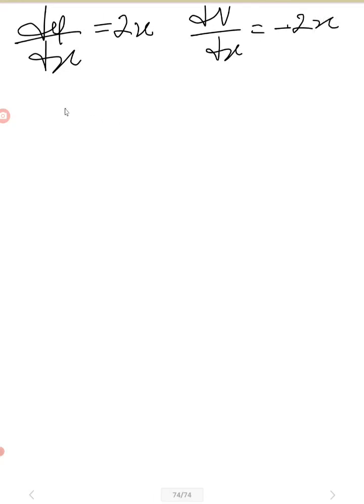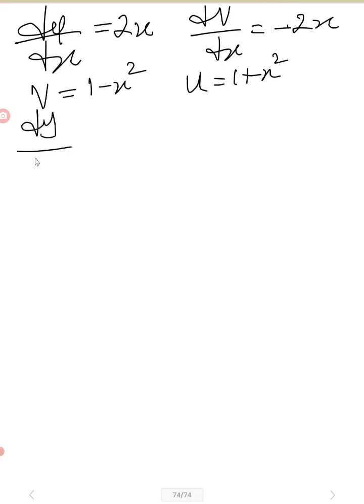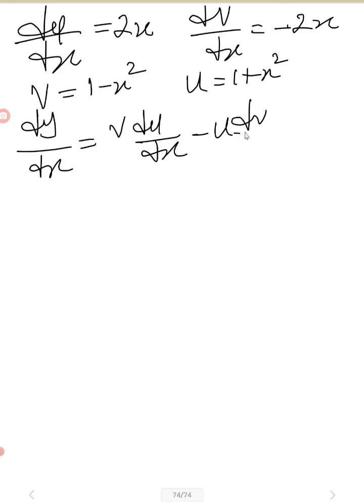Now we know the value of v to be 1 minus s squared, the value of u is 1 plus s squared. So let's apply the formula now: dy with respect to x is v du dx minus u dv dx, all over v squared. Let's substitute it right now.